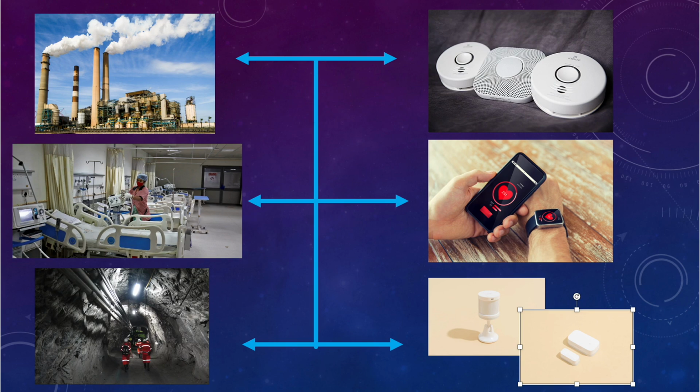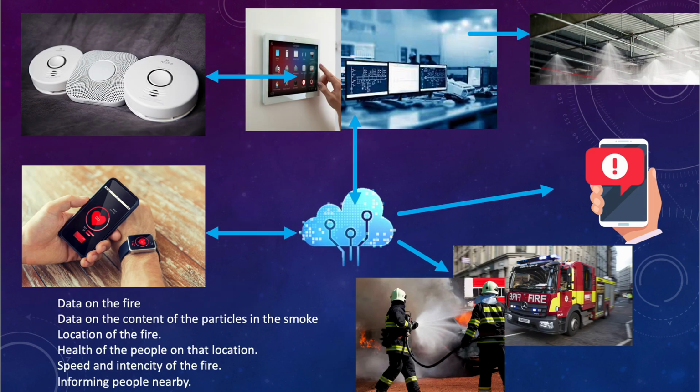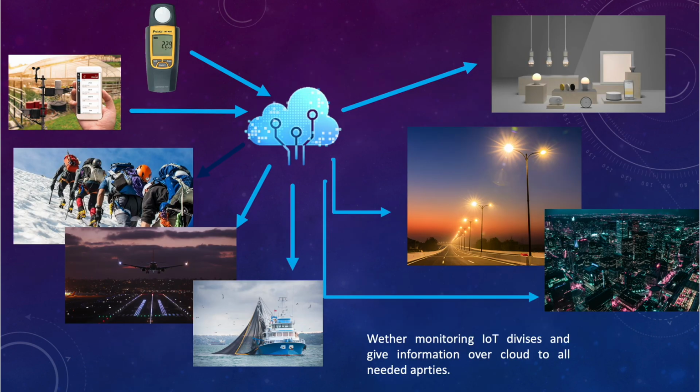So what I'm trying to say here is there will be single use, right? This IoT application is there to control temperature. There could be multiple IoT devices working for a single scenario, in this case fire extinguishing, fire control. There is a single IoT device that can be used in multiple scenarios, in this case weather monitoring.